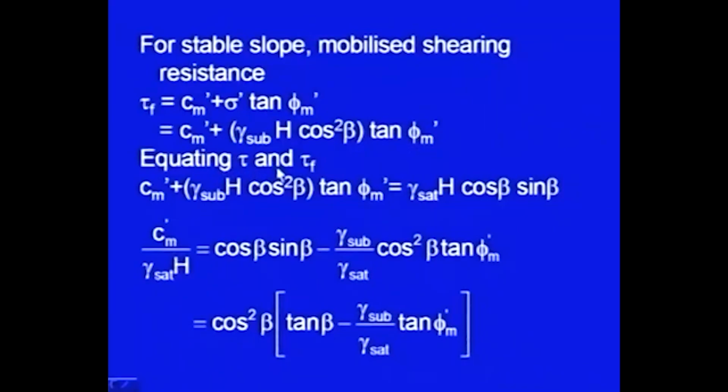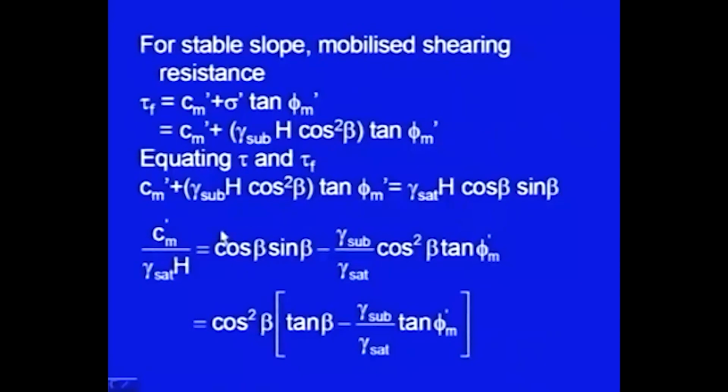Now, equate tau and tau f, the shearing stress which is acting and the shearing strength. Then we will be getting this expression: c m dash plus gamma submerged into h cos square beta tan of phi m dash will be equal to gamma saturated into h into cos beta sin beta. This is the acting shearing stress.